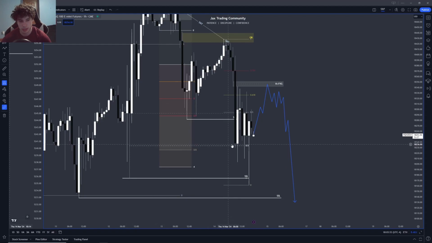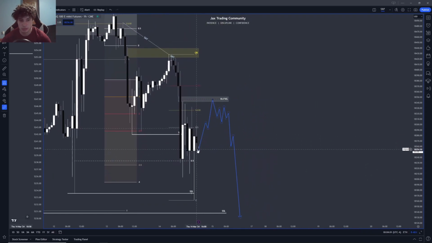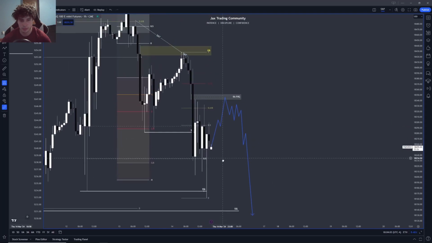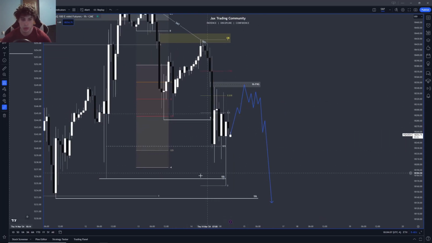Or as a support line. So as you can see, price did wick it, but it kept rejecting back up. So we may most likely not get a sell-off right away. We're most likely going to come up and rebalance just because price is showing us, one, we're sweeping this level, two, sweeping this -4, and three, we're respecting consequent encroachment of this wick.